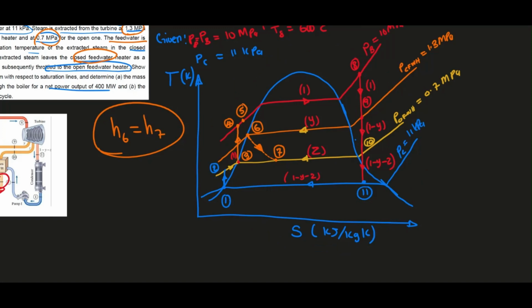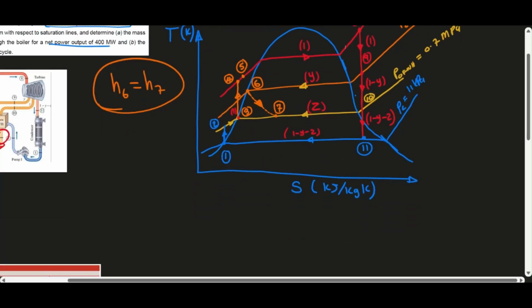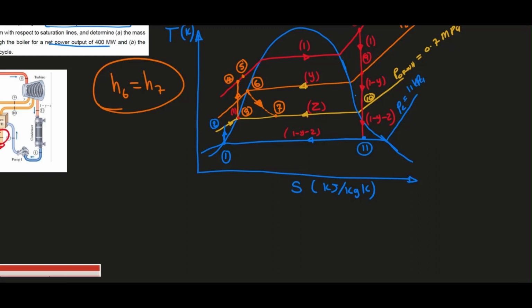You can start at any state you are comfortable with to find the properties. Normally, the properties we are interested in, seeing that we have flow, we are speaking about the total energy of the system, and that is enthalpy.